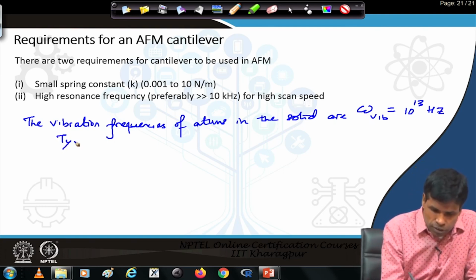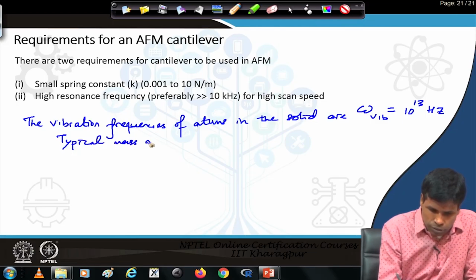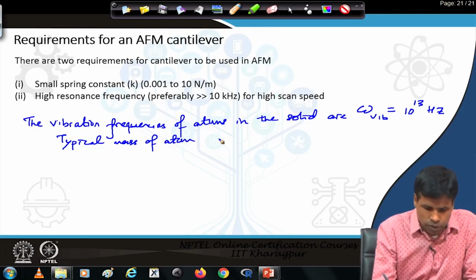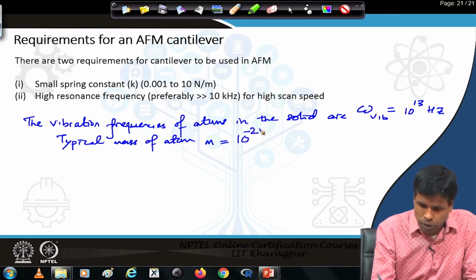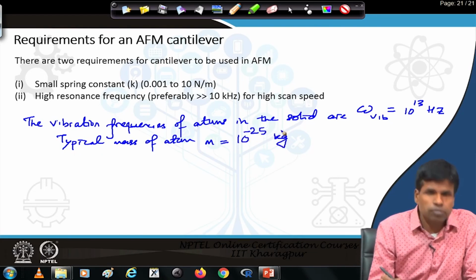Typical mass of an atom is in the order of m equal to 10 to the power minus 25 kilogram.